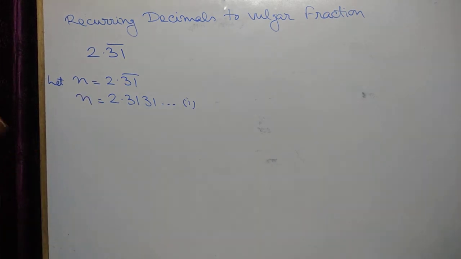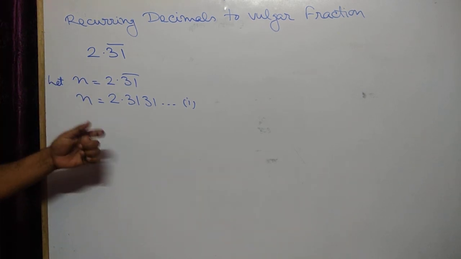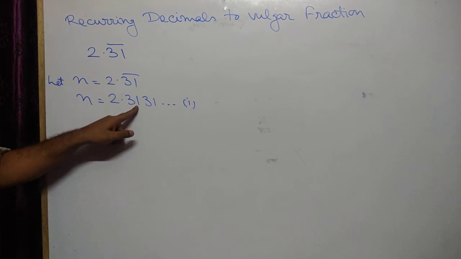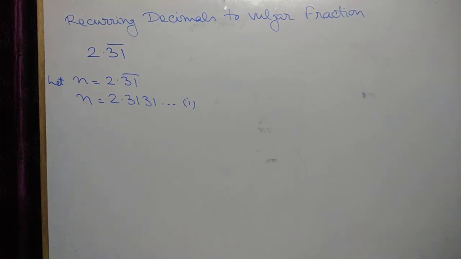Clear? Now see, in the last question we simply multiplied n by 10. Why? Because in that question we have only one digit after the decimal that is repeating, but here we have a group of digits, 3 and 1. So in this case we multiply by 100.